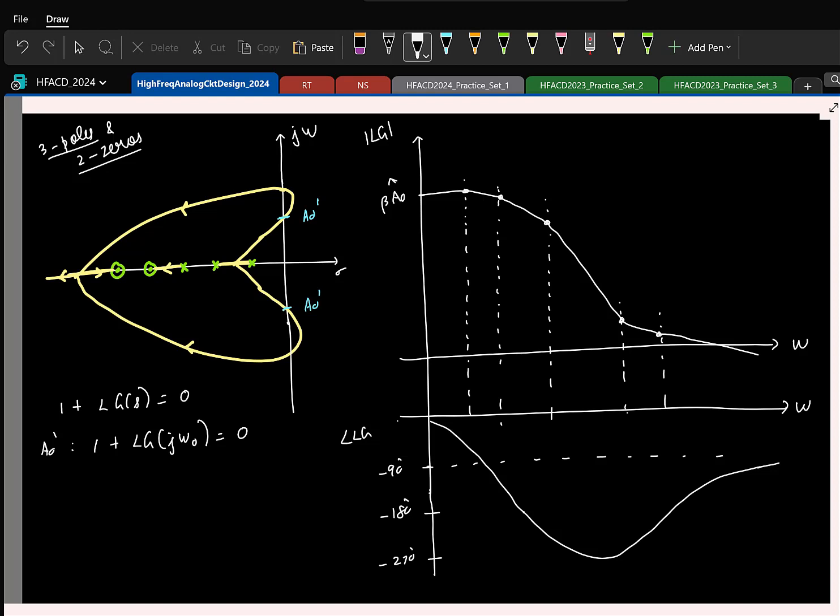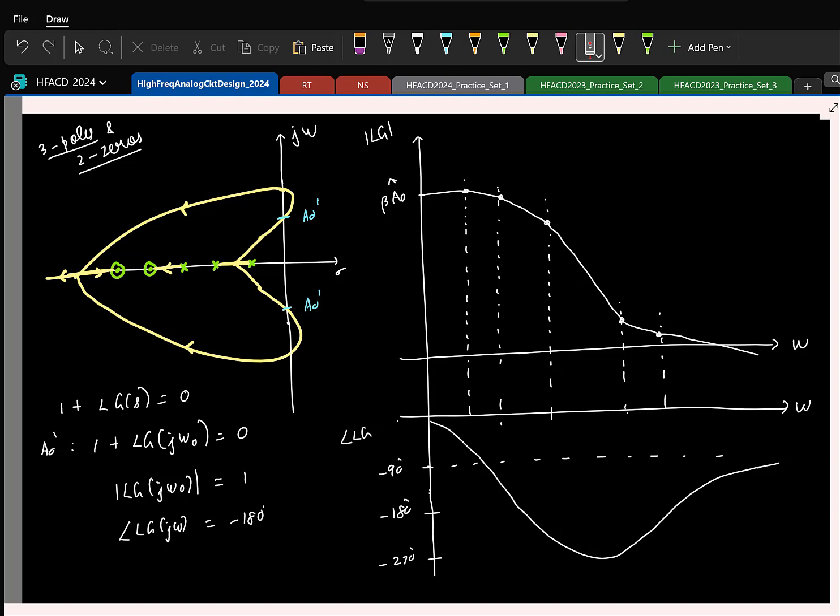So this is something you guys know. What is the magnitude at that frequency? What is the phase? Right. So now let's vary the DC gain here and try to mark a Bode plot corresponding to A naught prime, right? Is that okay?